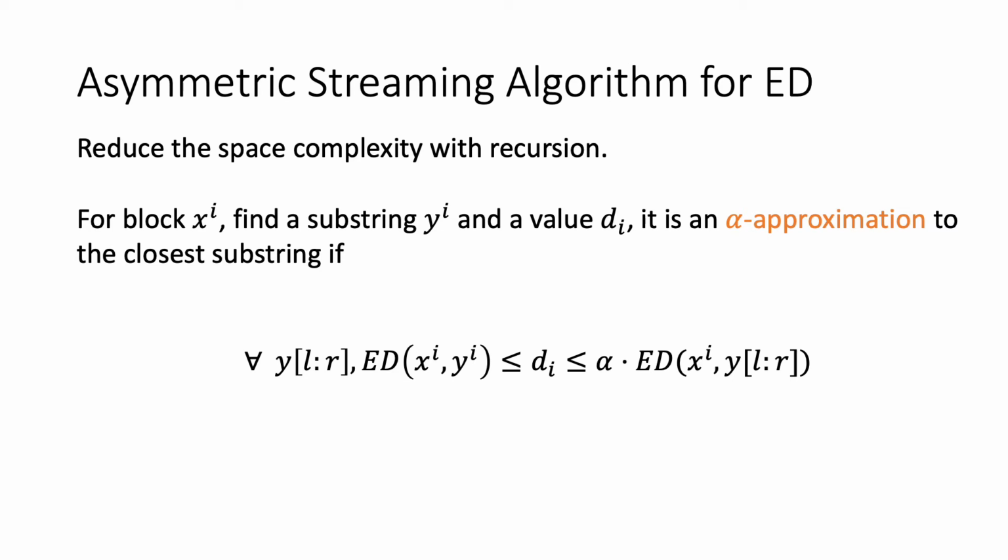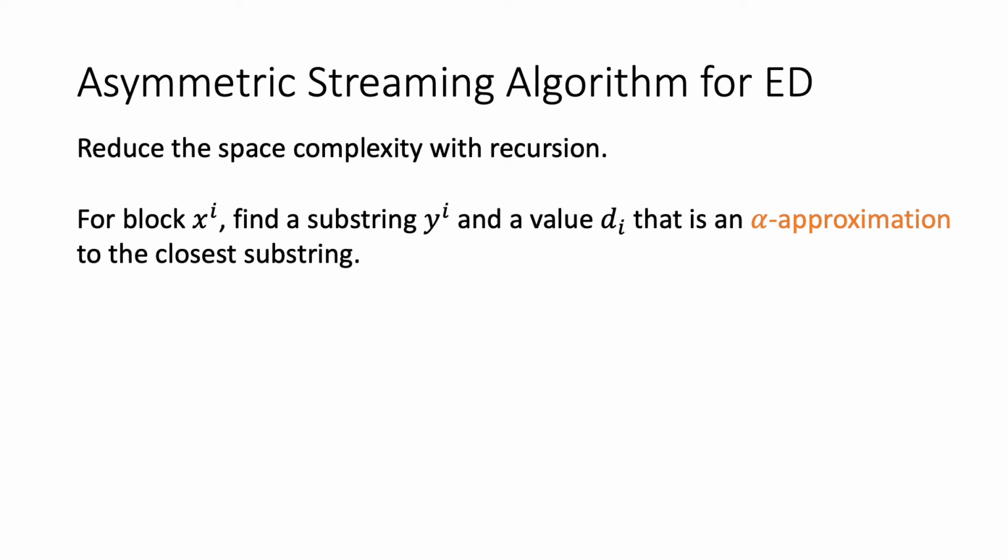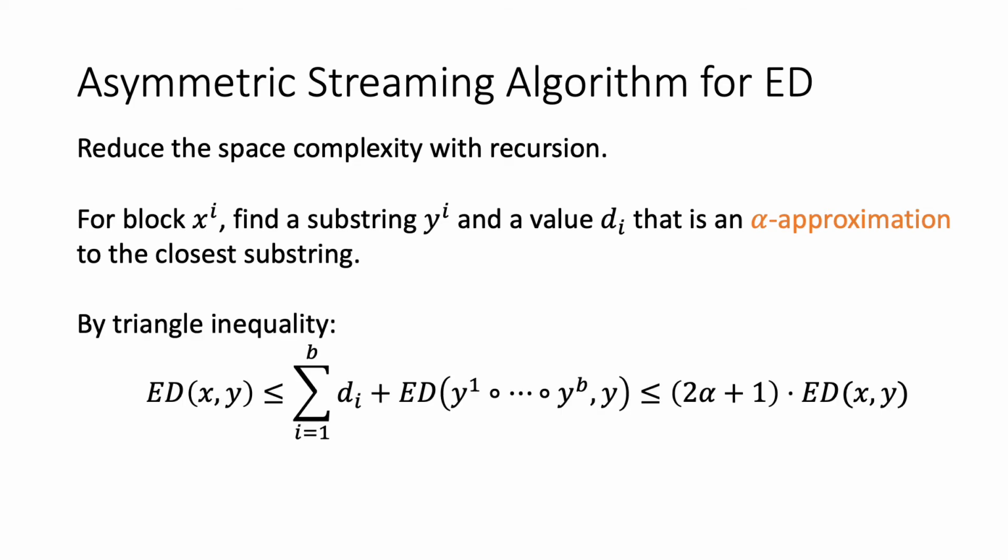We say it is an alpha approximation to the closest substring if the edit distance between Xi and Yi is at most di, and di is smaller than alpha times the edit distance between Xi and any substring of Y. Now, for each block Xi, if we can find Yi and di that is an alpha approximation to the closest substring, then by triangle inequality, we can show that the summation of di plus the edit distance between Y and the concatenation of Y1 through Yb is a 2 alpha plus 1 approximation of edit distance.